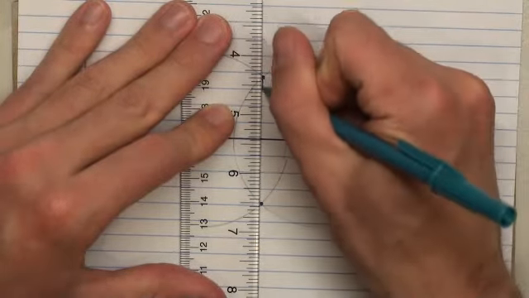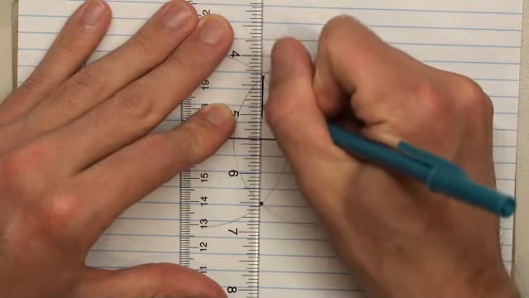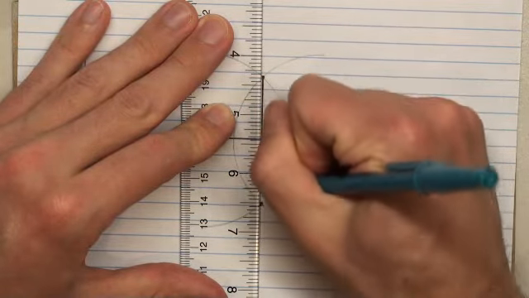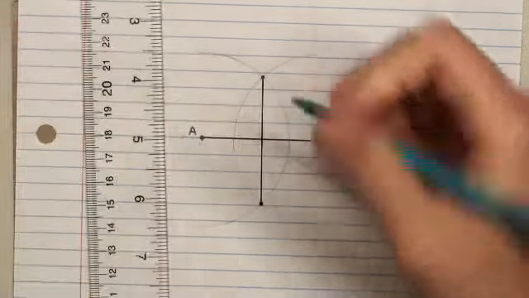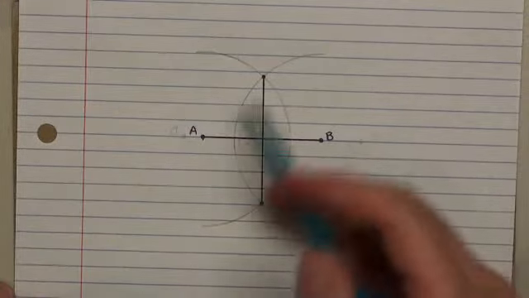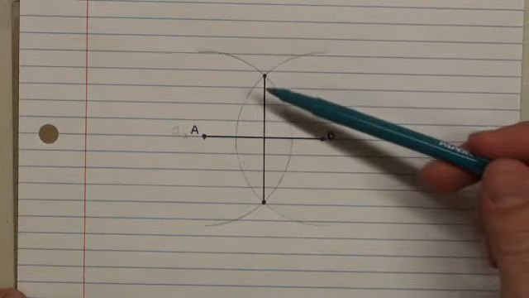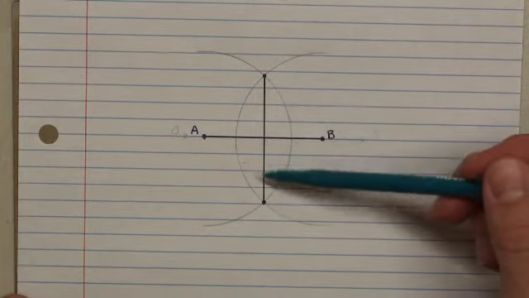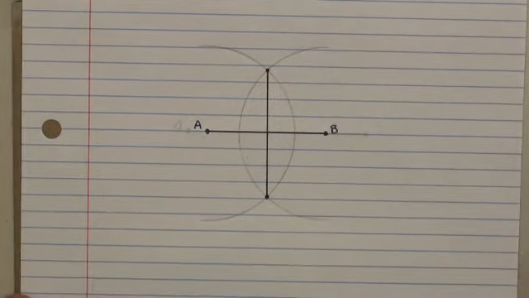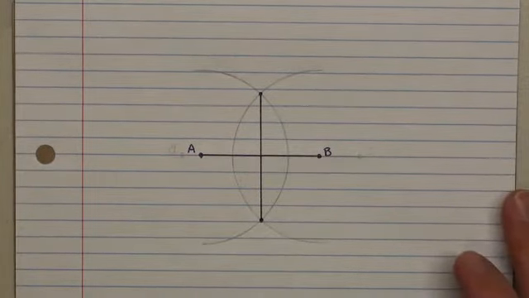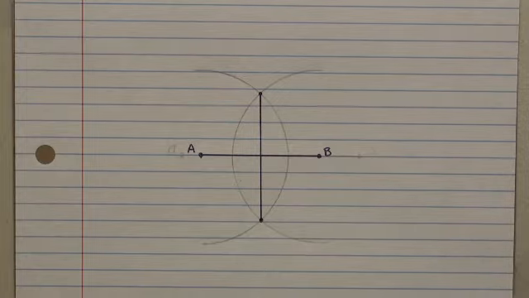And I'm going to do this line in pen because now this is the final part of the construction, so I want to make it stand out. Okay? These arcs were just our construction lines. Now this is the final line. This is the bisecting line. And that is how you bisect a line segment.